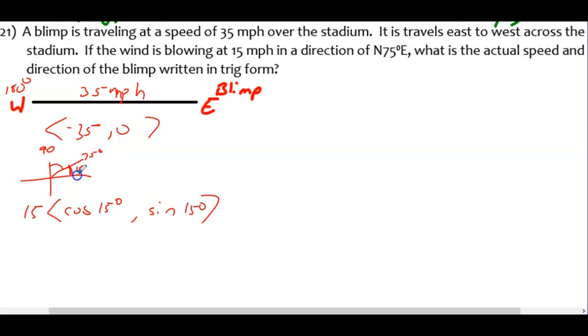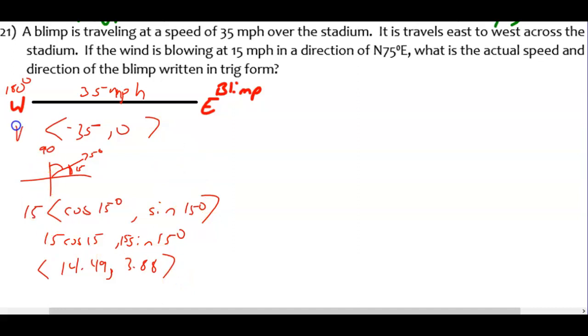We need that 15 degree angle. So when we solve that, it gives us 14.49 and 3.88. Those are our two vectors.